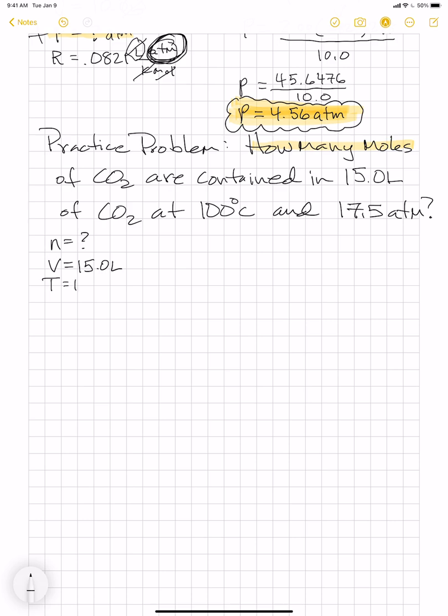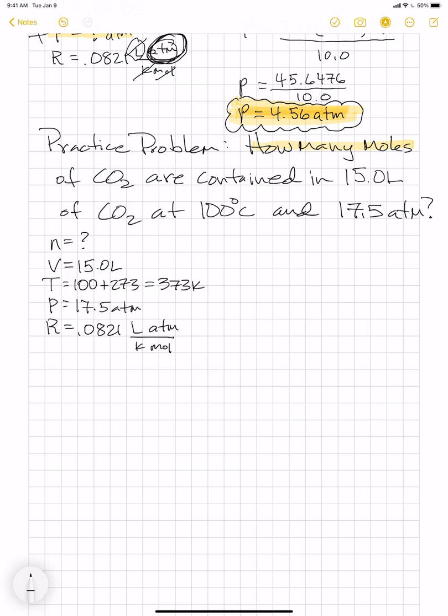So temperature is 100 plus 273. It's going to equal 373 Kelvin. Now we're on the right track. The pressure is, that's a high pressure, 17.5 atmospheres of pressure. And atmospheres is the unit we want. Remember, R is free: 0.0821 liter atmospheres per Kelvin mole.